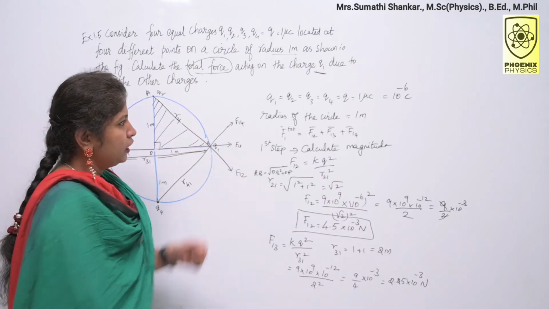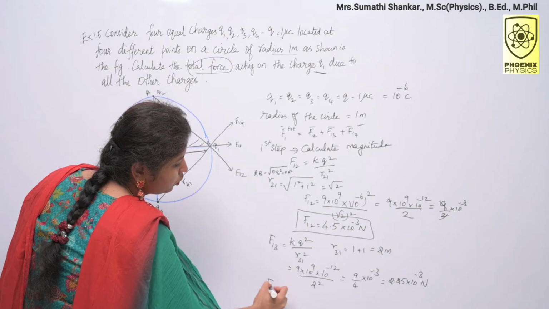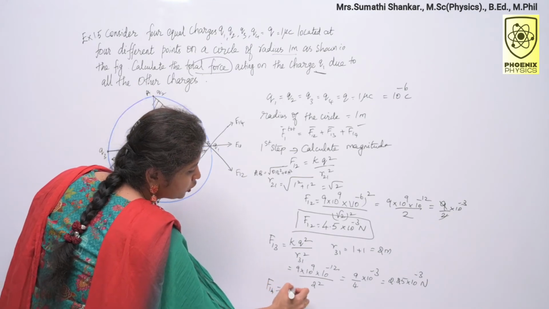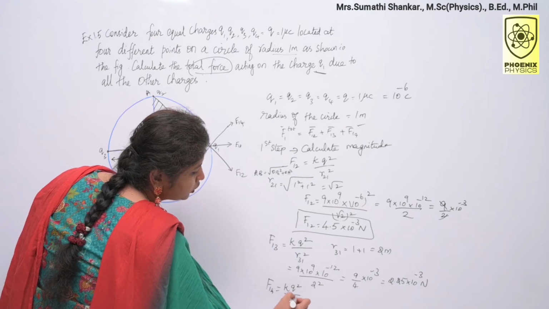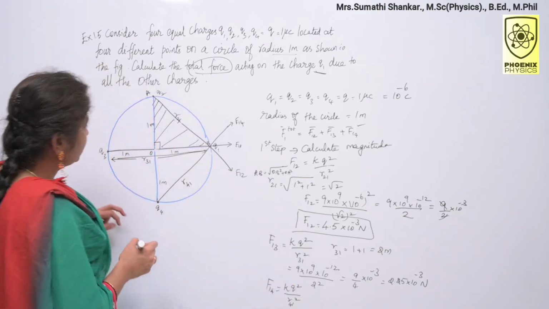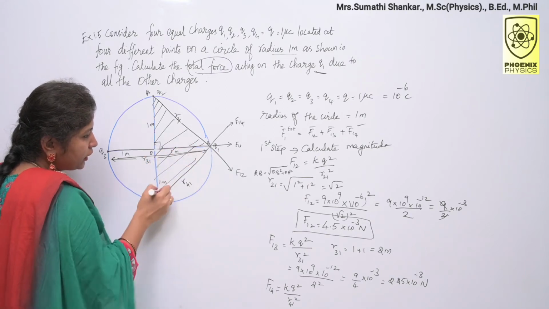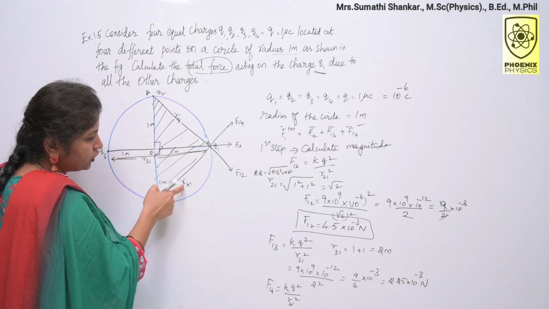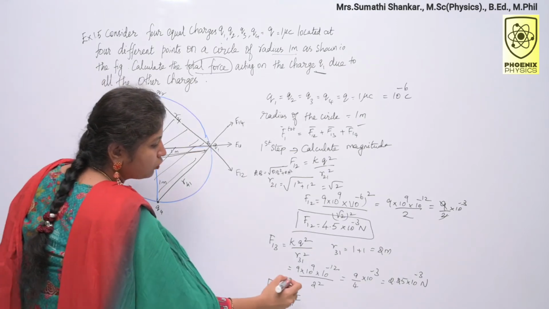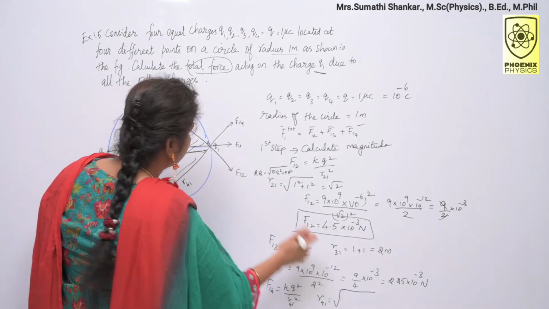Same way I am going to calculate F14 also. The F14 formula is K Q square divided by R41 whole square. Which one is R41? This one is R41. Same here, this is also a right angle triangle. This angle is 90 degree. I want to find out this portion. So R41 is equal to square root of this portion, that is OB square.